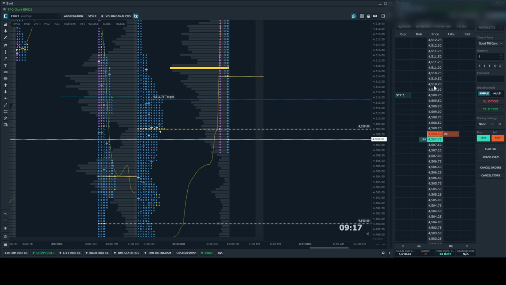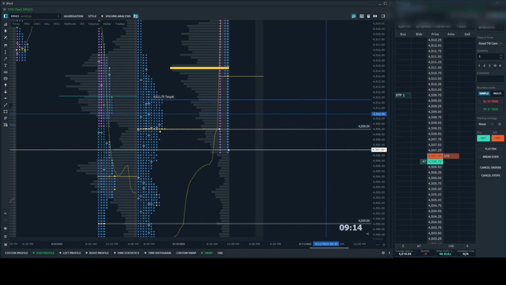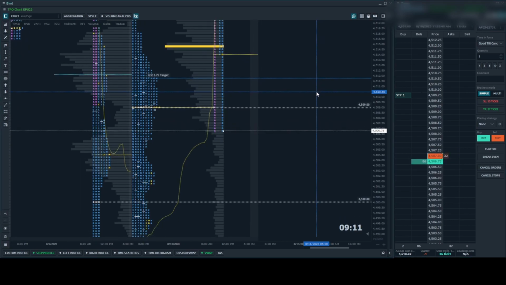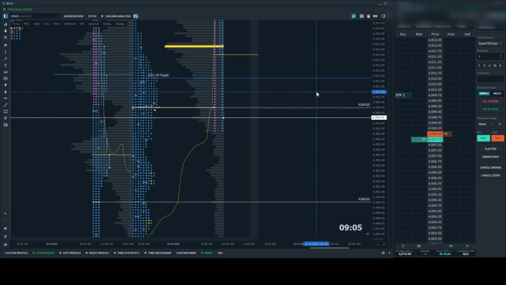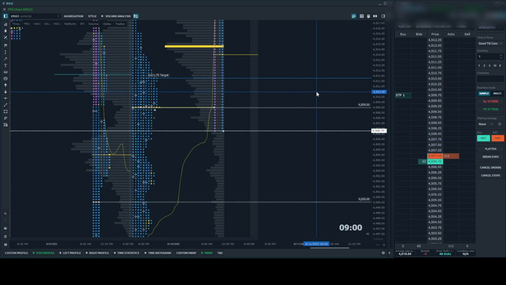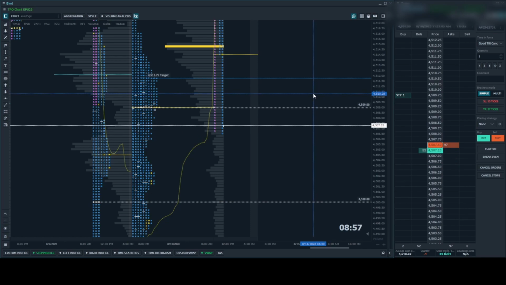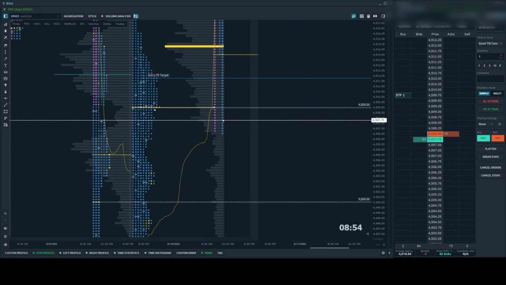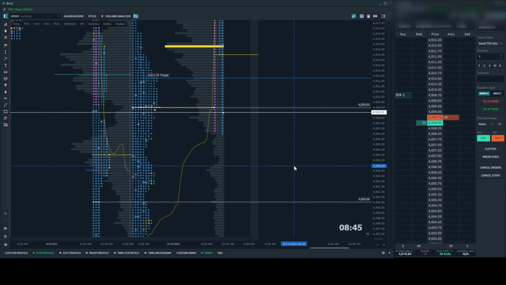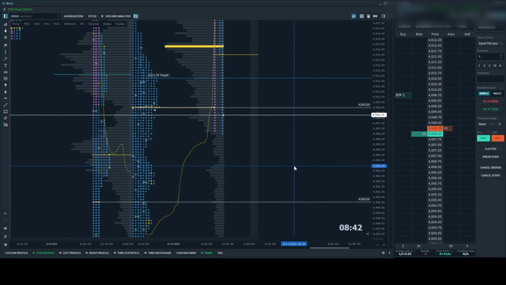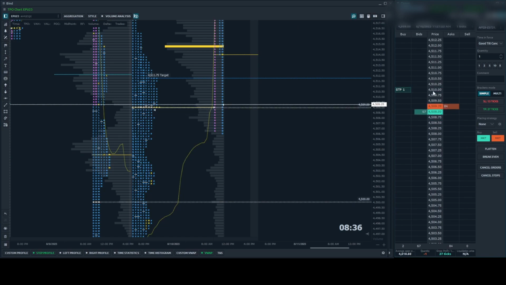So we're either going to break it or we're going to get out of this. And we broke that A period. We got a little extra room back up to our 10.